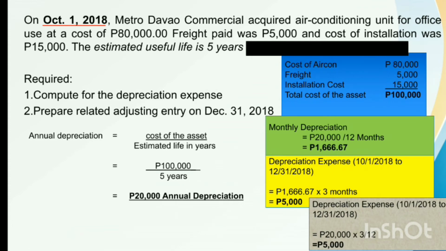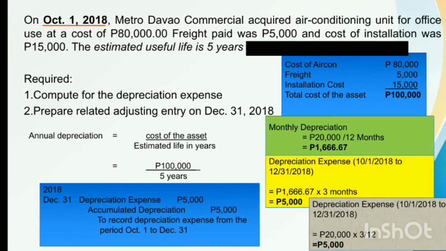So 20,000 times 3 over 12, that will give us the answer of 5,000 pesos. And this is now the adjusting entry on December 31, 2018 to record the depreciation expense from October 1, 2018 to December 31, 2018. So debit depreciation expense 5,000 pesos and then credit to accumulated depreciation 5,000 pesos.